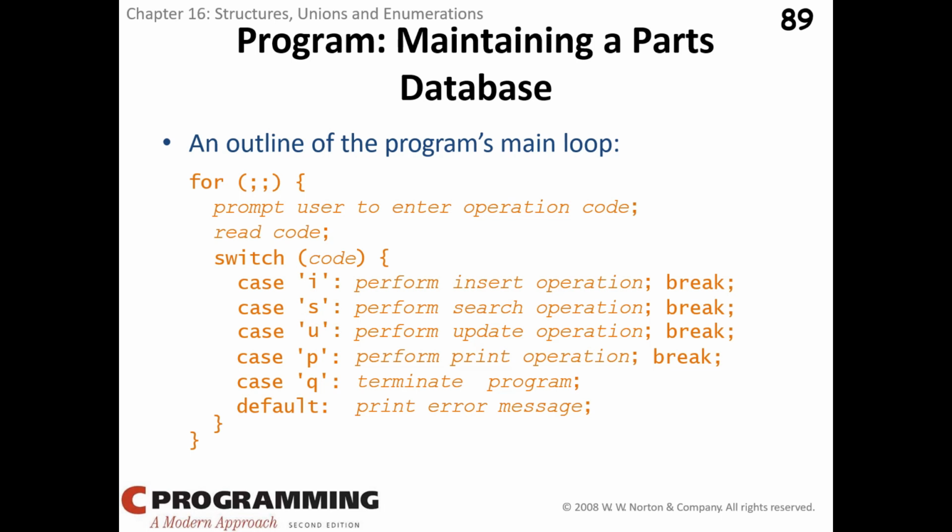The program will prompt the user to enter an operation code, read the code, and select the appropriate operation using a switch case, and it will go back again to the first line in the for loop.